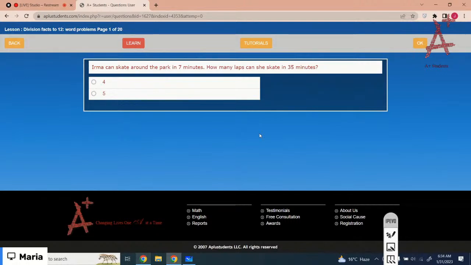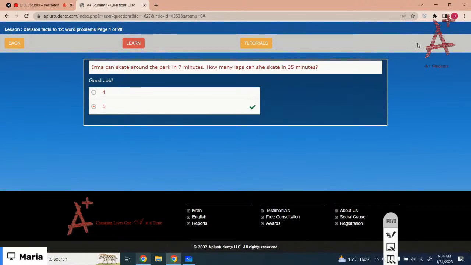Yes, it is 5. 7 times 5 is 35. So the correct option is 5. That means in 35 minutes she can lap 5 times.